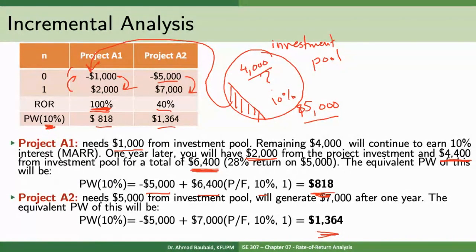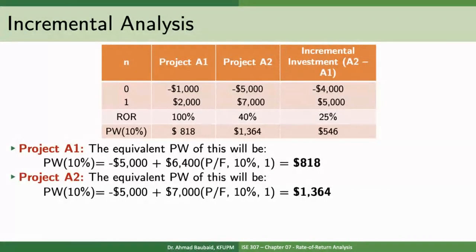Now let's answer the question why we need to do this incremental analysis. Let's see first what that incremental analysis means, and then we're going to see why we need to do that. So here you see the two projects. Notice I've added a new column, which is the incremental investment A2 minus A1. First, notice again what's happening based on the investment pool concept.